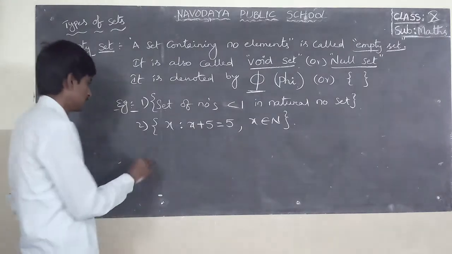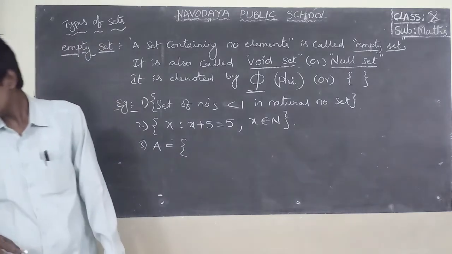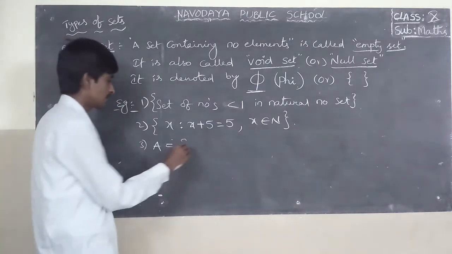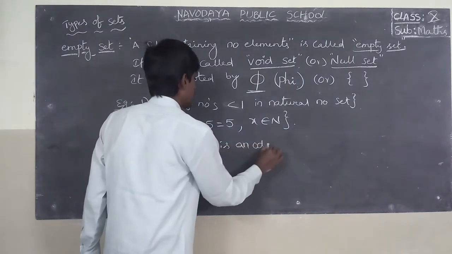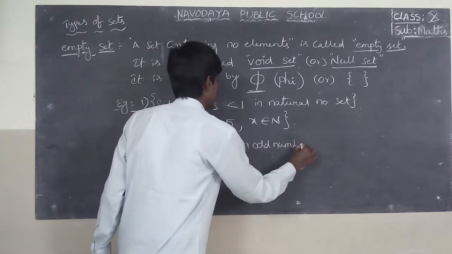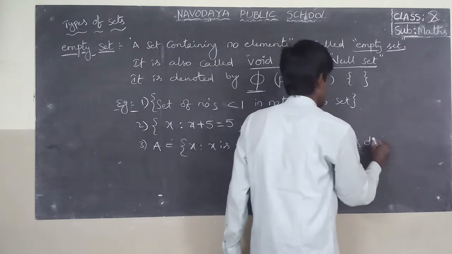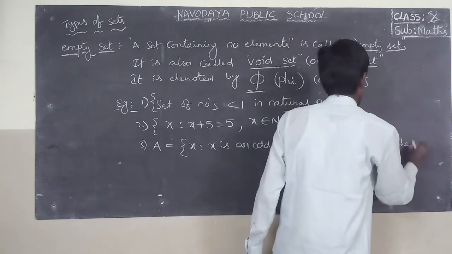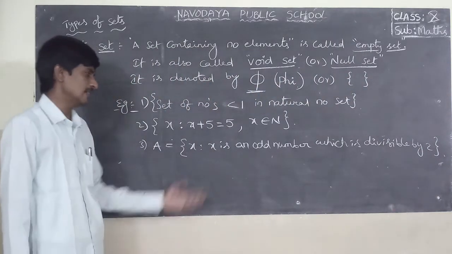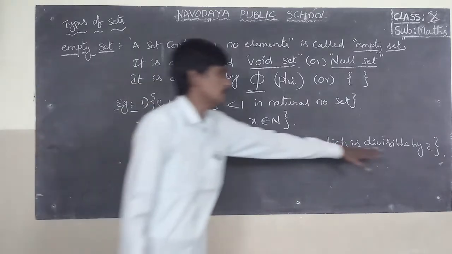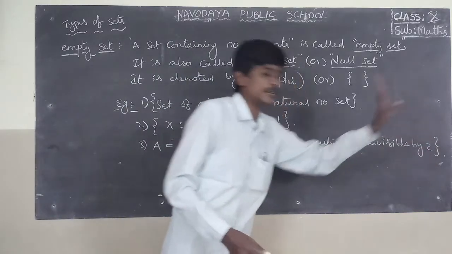The third one: A equals the set of x such that x is an odd number which is divisible by 2. Tell me any odd number which is exactly divisible by 2.